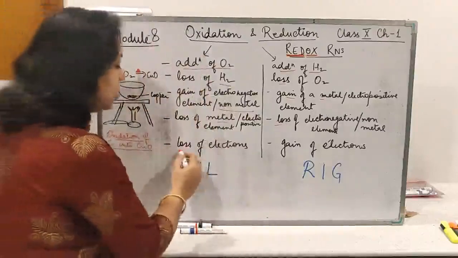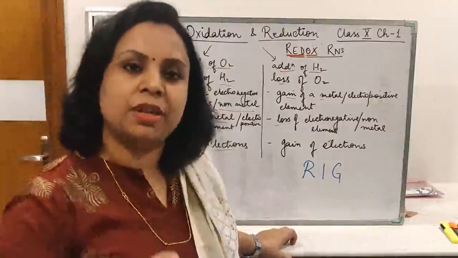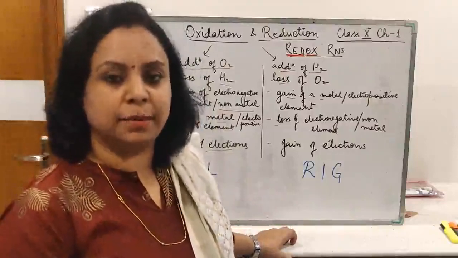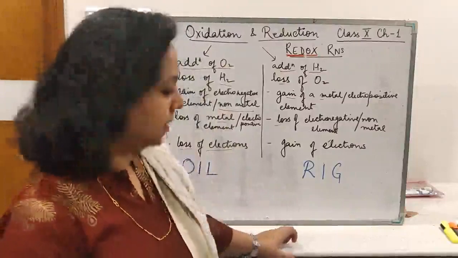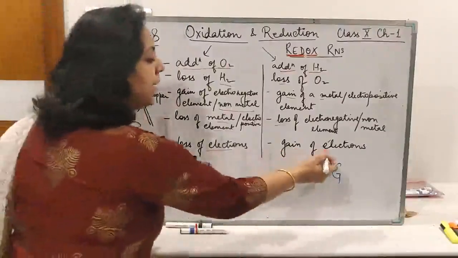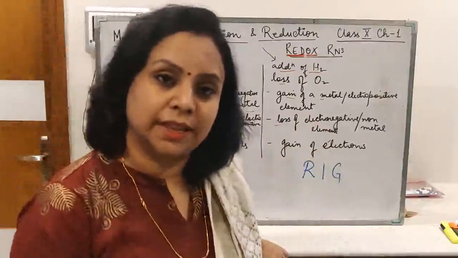Oxidation can also be regarded as loss of electrons. Wherever loss of electrons is taking place, we say that substance is being oxidized. And where there is gain of electrons, we say that reduction is taking place.